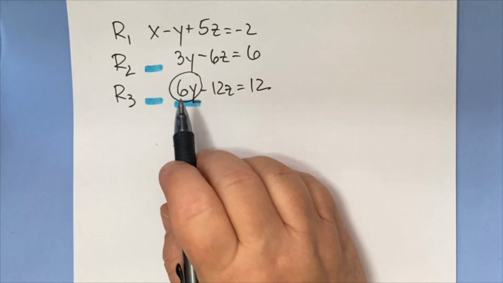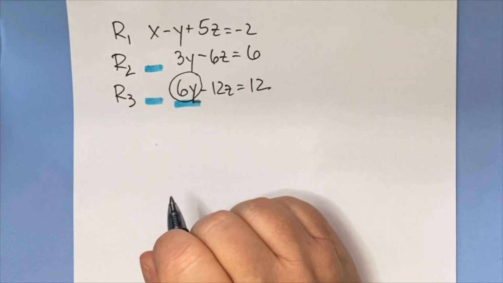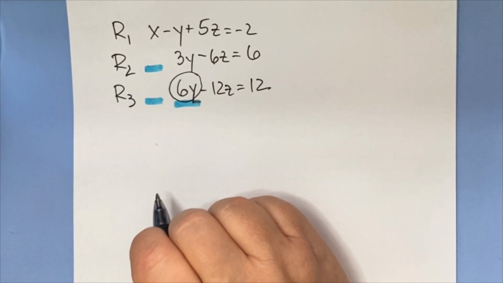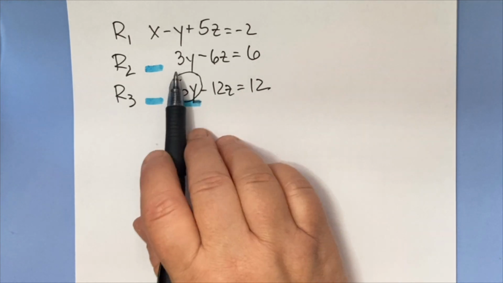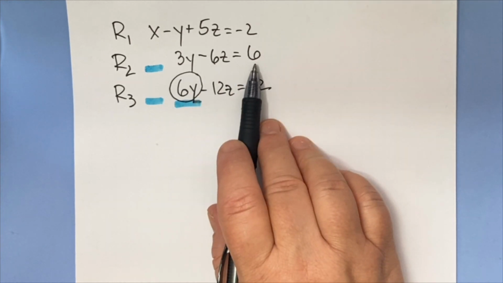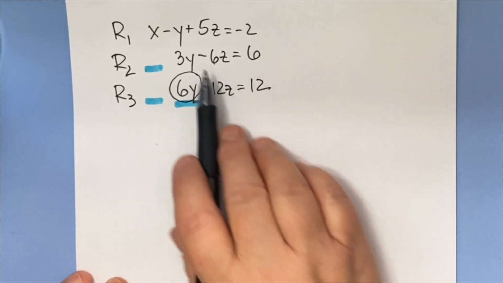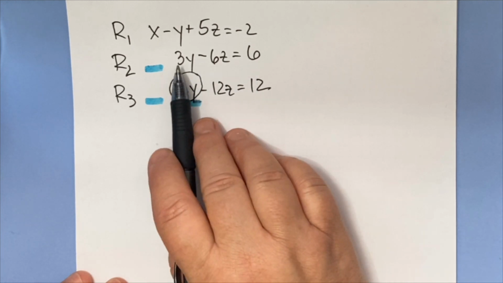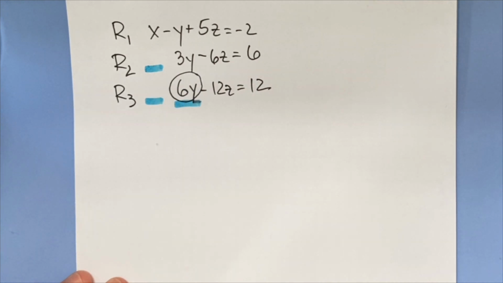That would get rid of the y. And so that's what I'm going to do. But here's one of those decision points where some people would say, nope, go ahead and divide by 3 first. And I would say, divide by 3 if you'd like. But if you can use it the way it's written, then I would go ahead and leave it like that. It's up to you. This really is a choose your own adventure.